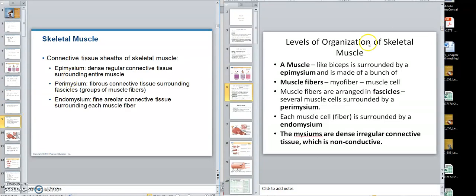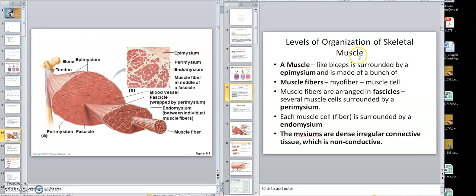I come back here now to explain this. A muscle like the biceps, I'm going to go to a picture. Assume this muscle is hooked to a bone. This actually would be your femur here, just as an example in the text. So, the whole muscle.